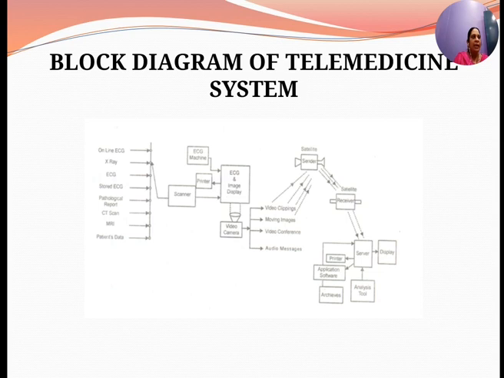All the data is sent to the server, and from the server it is sent to a printer to take a printout, and then it is sent to the image display, and using the video camera you can send that data.